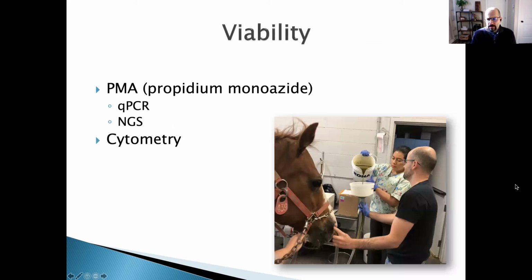One other limitation is that when you do next generation sequencing, you are sequencing what? DNA, right? Does that mean that this DNA you are sequencing comes from a live bacteria?